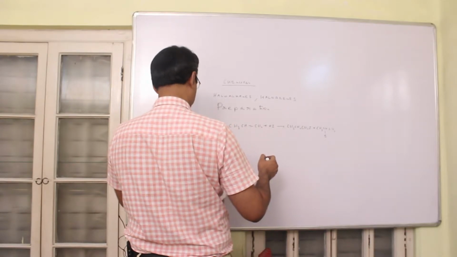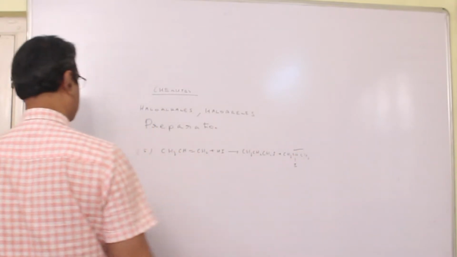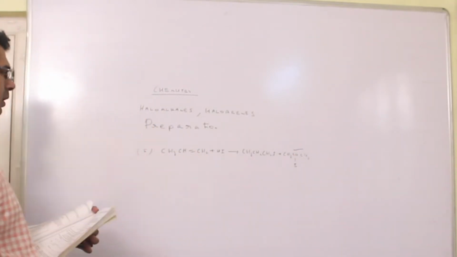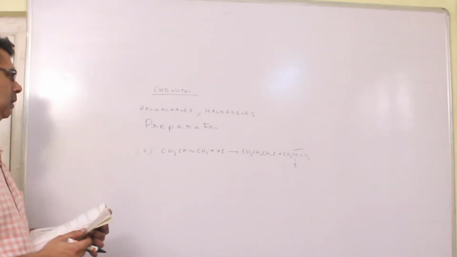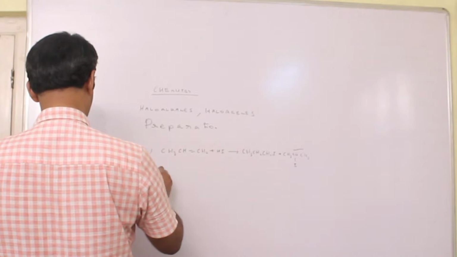So out of these, the major product is this one. So this is a reaction which is very well known, it was done previously. So this is the fifth method, that is using Markovnikov's rule.